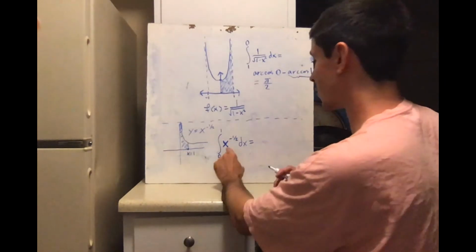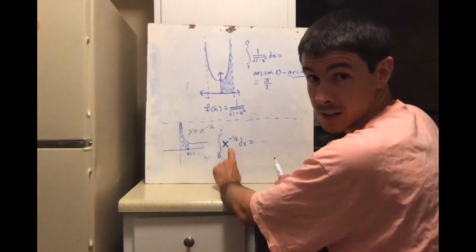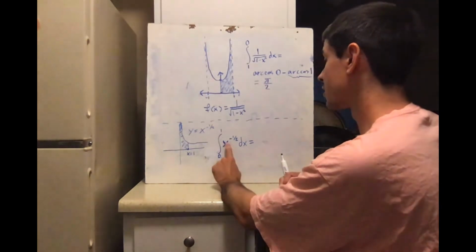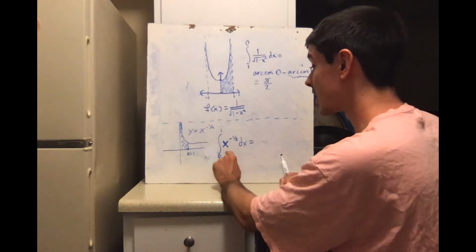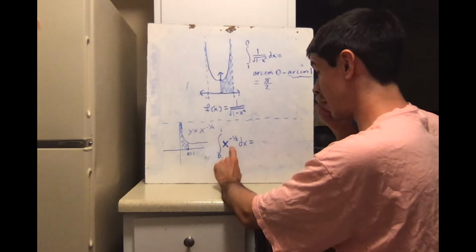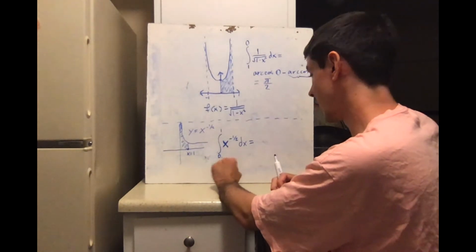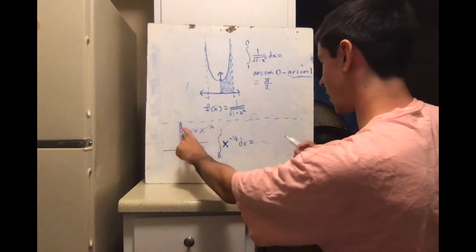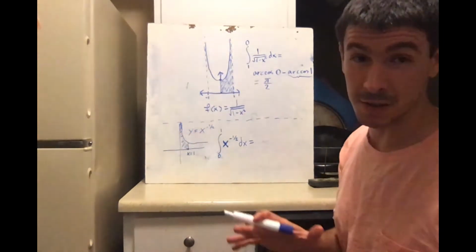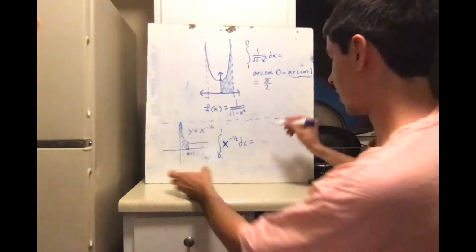And so remember, this goes to infinity as x goes to 0. It's 1 over the square root of x, and 1 over the square root of x as x goes to 0 goes to infinity. So the function's going to infinity, but its integral is not going to infinity, which we'll see here.